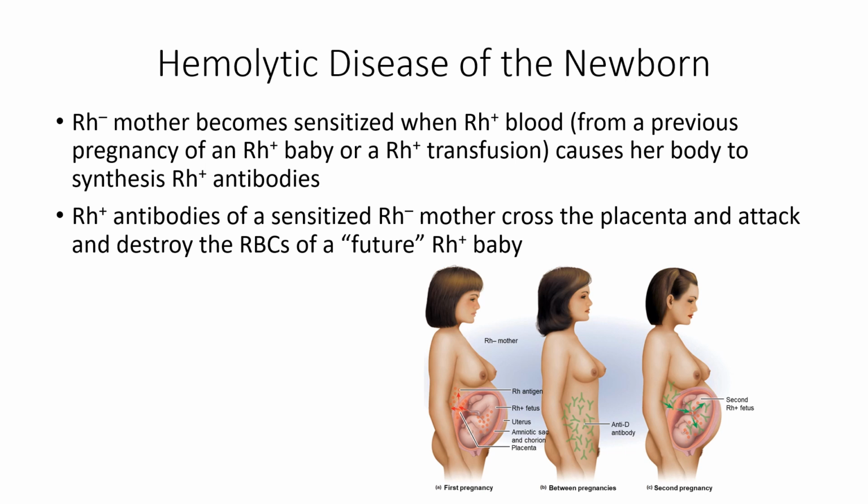When she becomes pregnant again with a positive blood type, those antibodies that she's produced from her previous exposure, those Rh positive antibodies, can cross the placenta and attack and destroy the red blood cells of the future Rh positive baby that she carries.